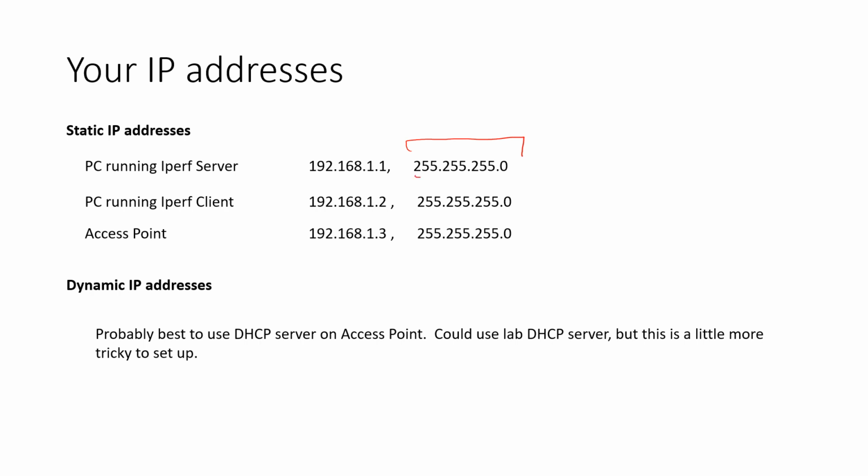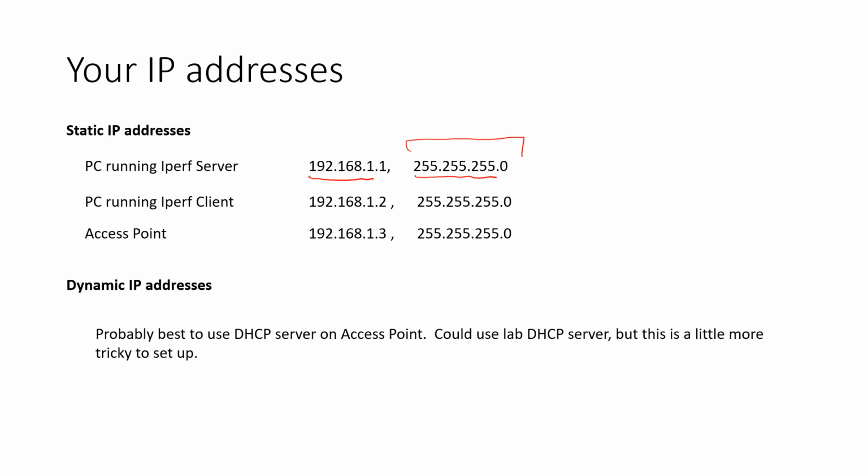So the first 3 octets in this mask are 255, 255, 255, and that implies that the first, most significant 24 bits of this particular mask are all ones, which corresponds to these 3 octets over here being network addresses.